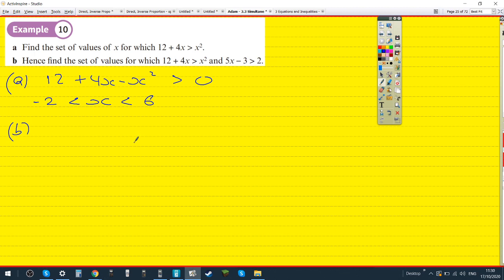Okay. So you'd plus 3 on both sides. So it'd be 5x is greater than 5. And then you divide by 5, so x is greater than 1. Yep. And so, what is our final answer?